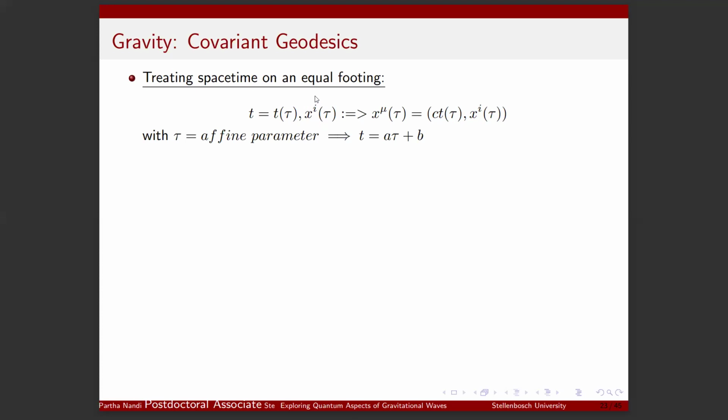Now the trajectory of the particle on spacetime is parameterized by some affine parameter, which satisfies this equation. So one can label the particle trajectory in terms of this new evolution parameter tau.